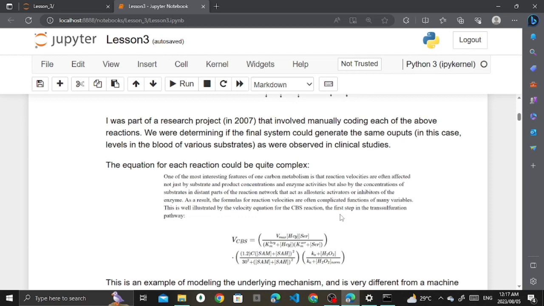As an example from the paper, this could be the velocity of one reaction, a complicated equation, but in the end we are just trying to see if we could replicate some clinical results in children with autism and Down syndrome. This is what we think the underlying mechanism is, to see if we can match these outputs, like recreating the final output without necessarily having the mechanism.